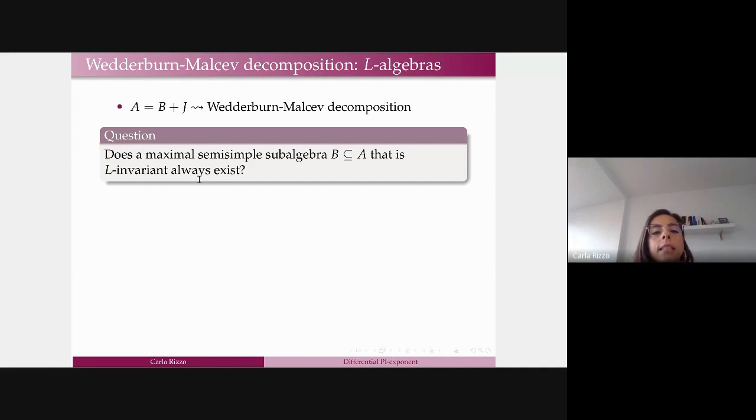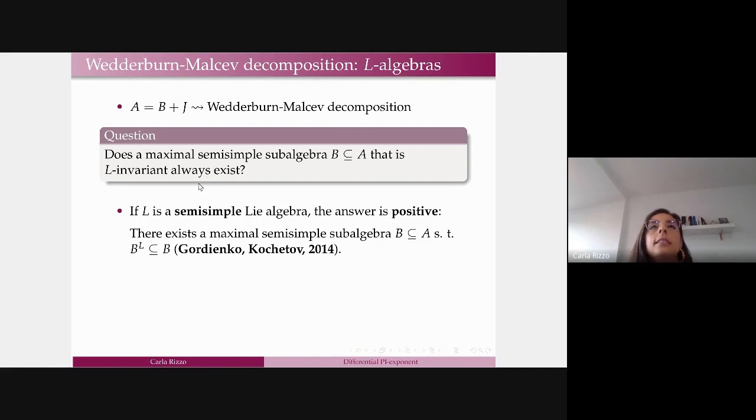Does a maximal semisimple subalgebra of A that is L-invariant always exist?